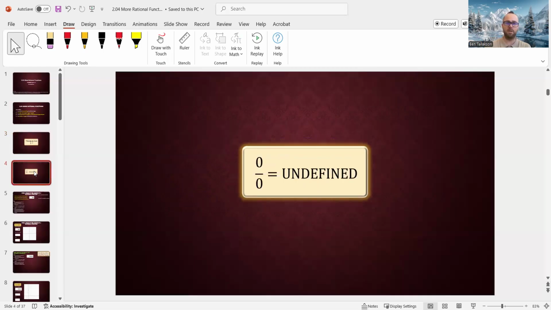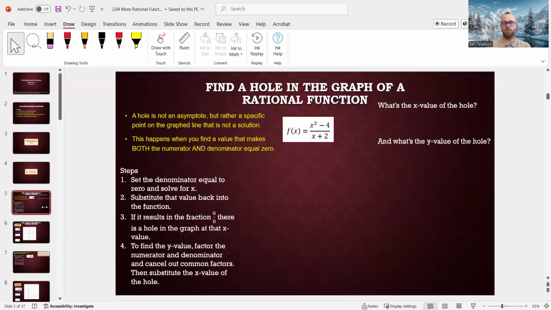Anytime the denominator is 0, the fraction is undefined, even when the numerator is 0. Even then, okay? Make a note of this right now, because you need to know that when it comes to finding holes in graphs, you also need to know what a hole is and how to find it.